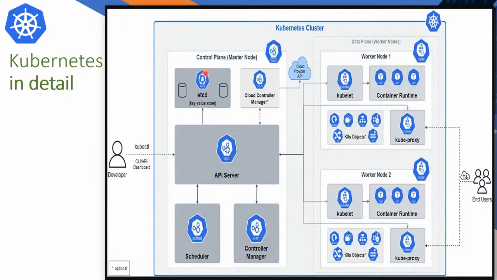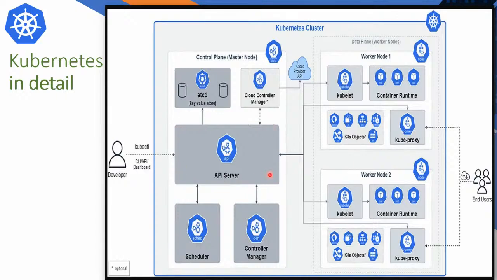The master node consists of the main part, which is the API server. We are coming to each of these components of the Kubernetes cluster. The API server is like the prime minister or president of a country.